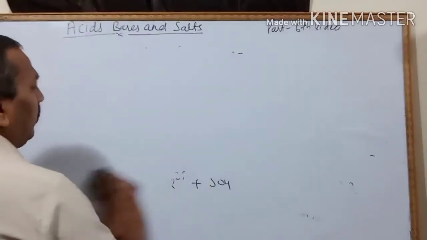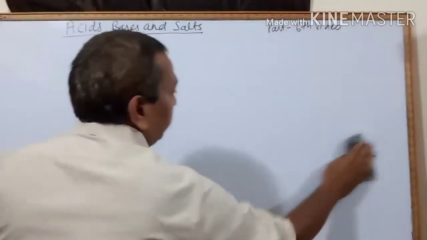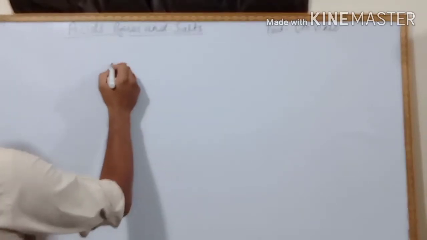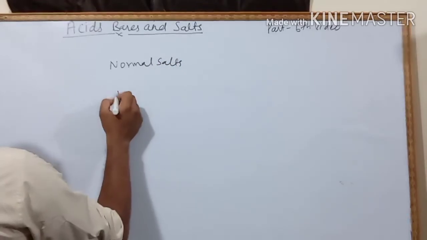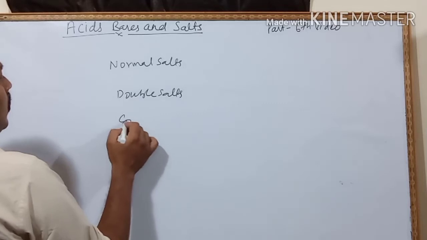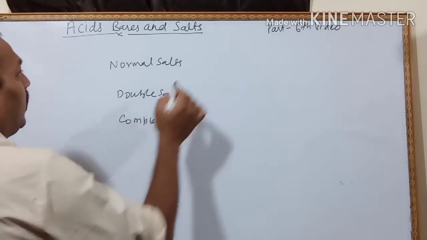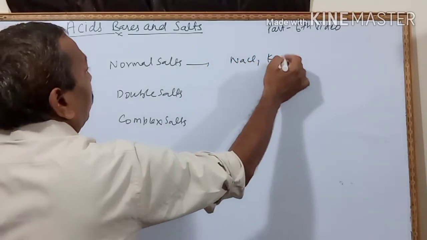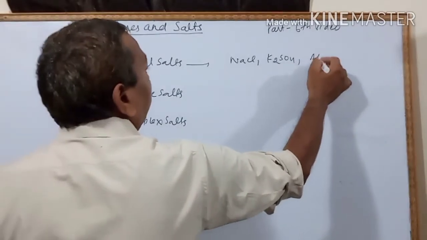Now that it's about the salts, we come to the types of salts: normal salts, double salts, and complex salts. Normal salts are like NaCl, K2SO4, and aluminum sulfate.